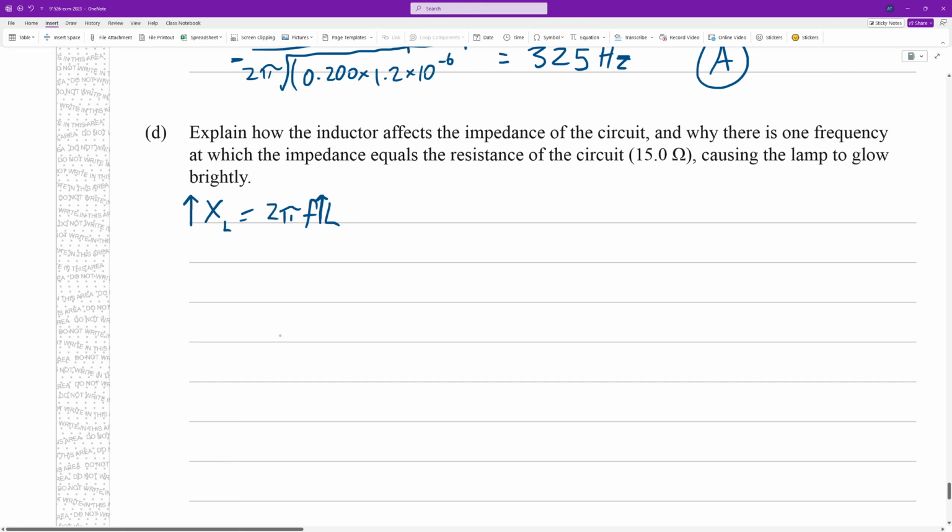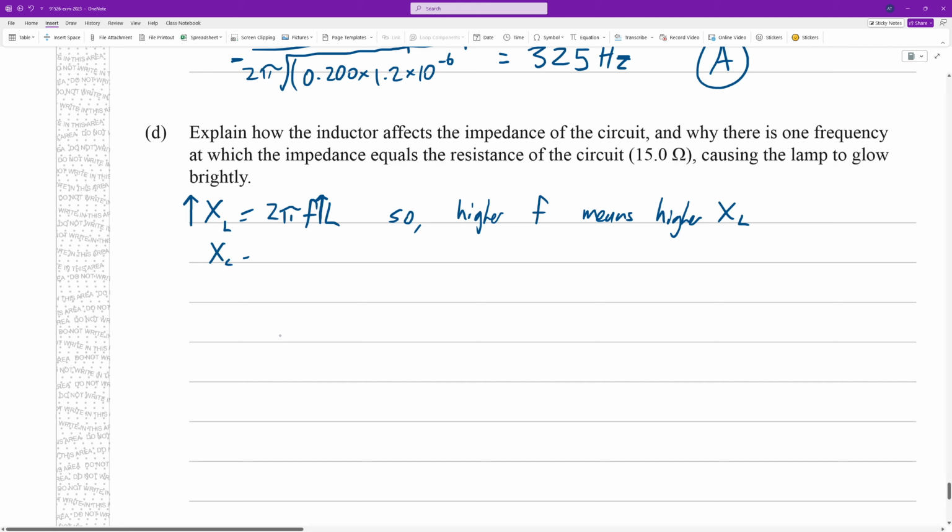They're proportional. Higher frequency, higher F means higher inductive reactance. Correct, so we've explained how an inductor affects impedance.